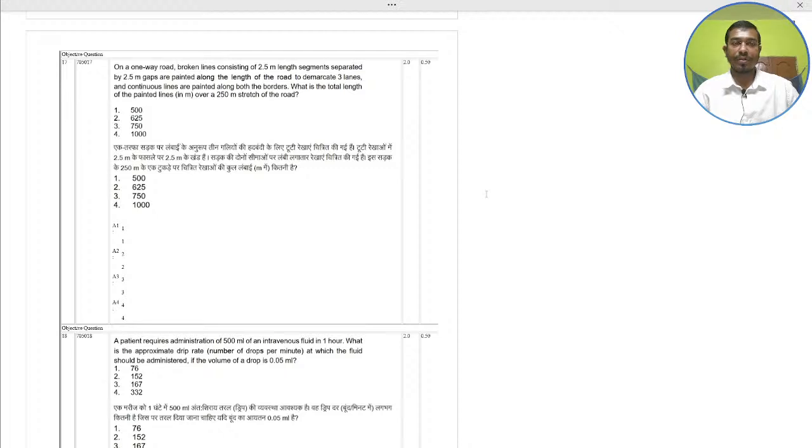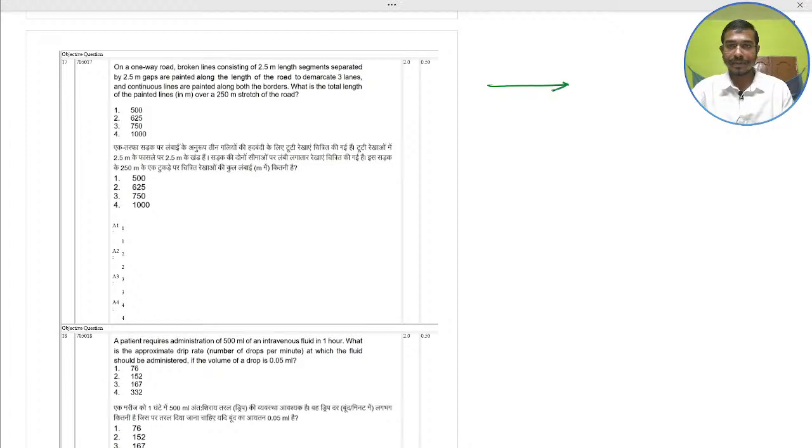What is the total length of the painted line in meters over a 25 meter stretch of road? Simple question.